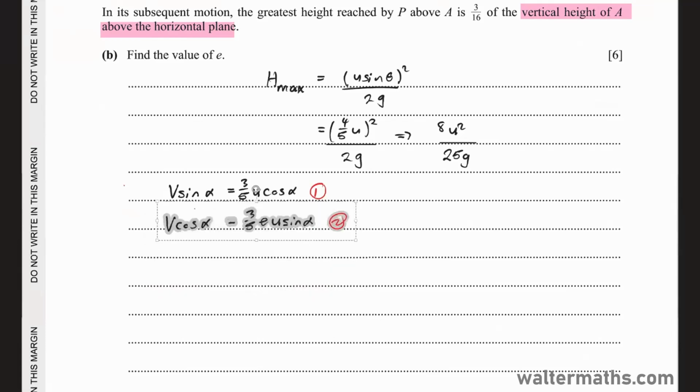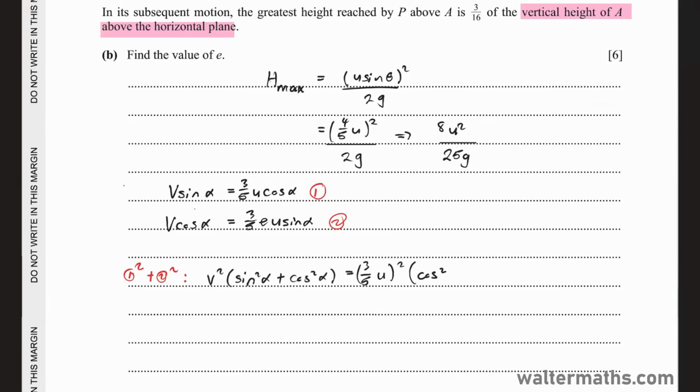All right. And I'm going to say equation 1 squared plus equation 2 squared. If we do so, on the left side for these two, it's v squared (sin squared alpha plus cos squared alpha), being equal to, on the right side, 3/5 u0 squared (cos squared alpha plus e squared sin squared alpha), basically.